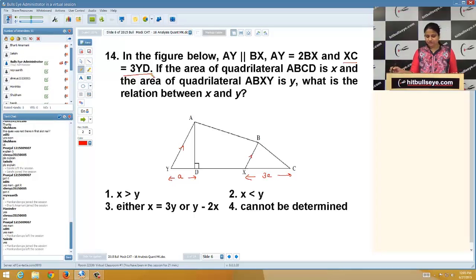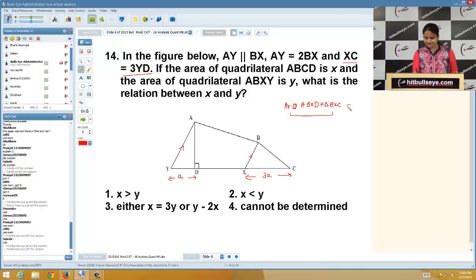If the area of the quadrilateral ABCD is X, can I say that ABCD can be broken into two parts, that is area of quadrilateral ABXD plus triangle BXC.